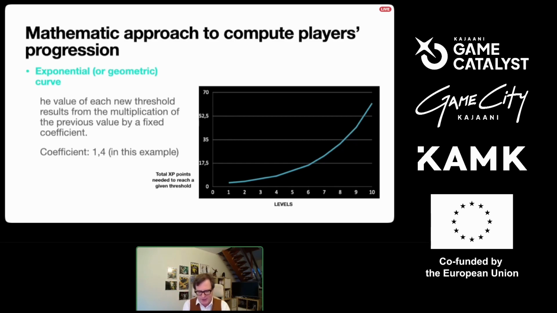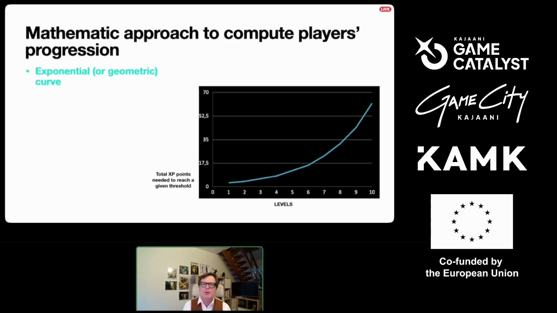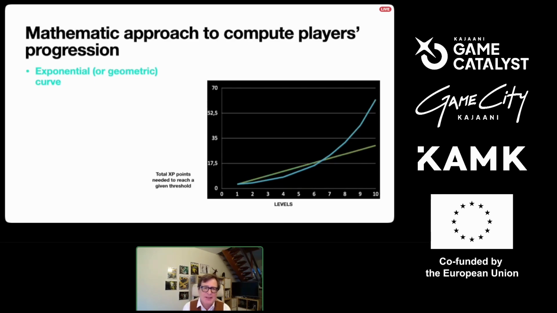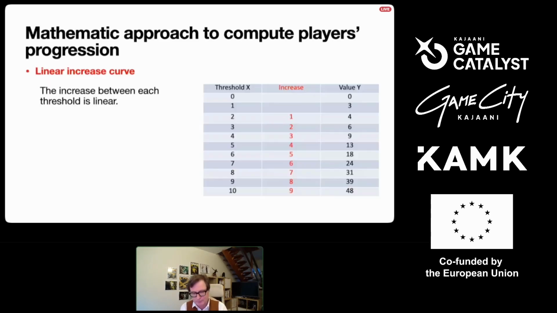This is pretty interesting because it makes it possible to offer, as I said, easy-to-reach early objectives and to make later objectives more difficult to reach. But it can make the last objective way too hard to reach. So this curve is better than the linear curve, but still far from ideal.